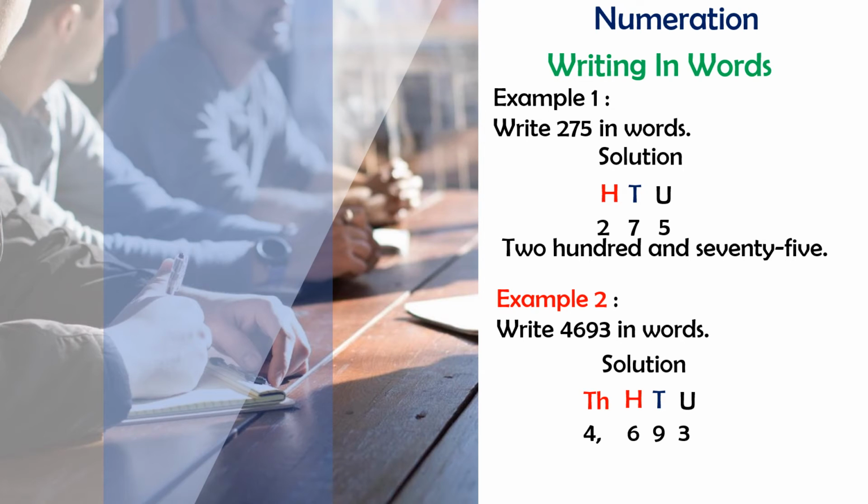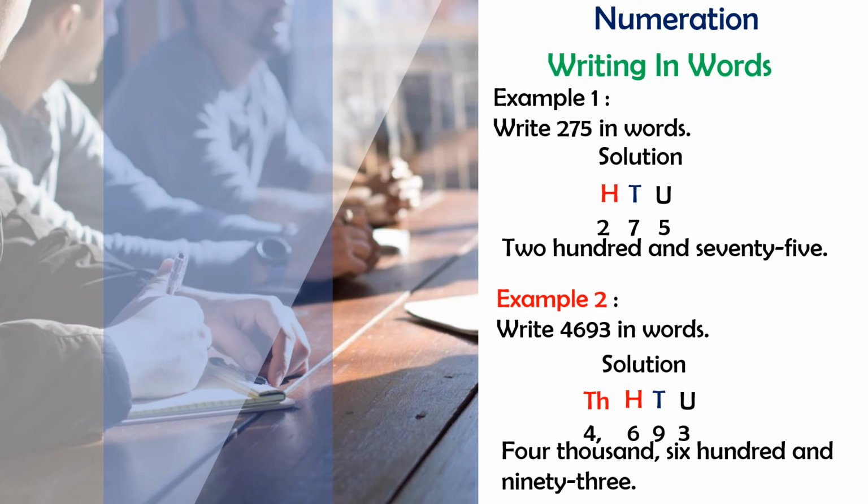So here we have a 4-digit number. So this means what? 4,693. Make sure you observe your comma. Okay? 1,000. You have to add your comma. That's good. Let's proceed.